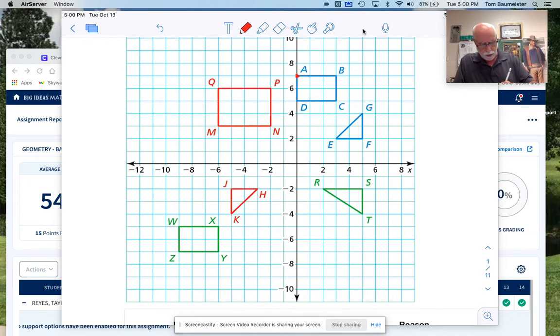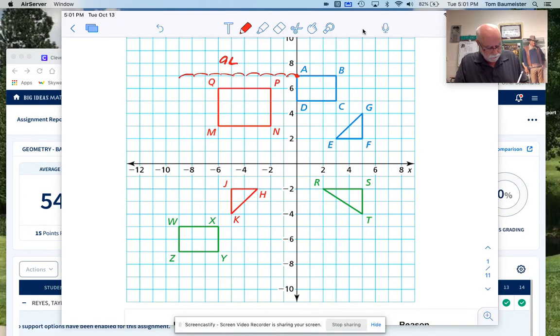So again, I think one of the things is to choose a point and see what happens. On this one here, if we look, we can go 1, 2, 3, 4, 5, 6, 7, 8, 9. So that's 9 units left. And again, that's just one from that one point.